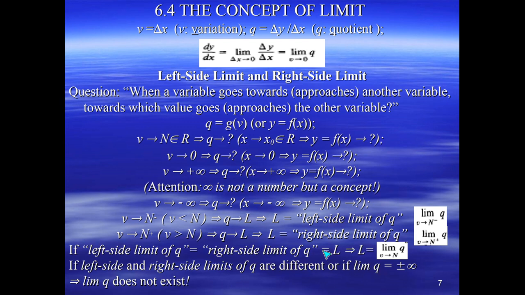When V goes to some value, for instance, to n, and the left side and right side limits of Q are different, or one of these is infinity, plus infinity or minus infinity, then we say that the limit of Q does not exist when x goes or V goes to n. You see, this is how the limit may not exist. All right.